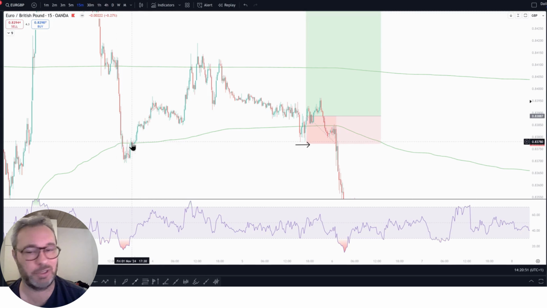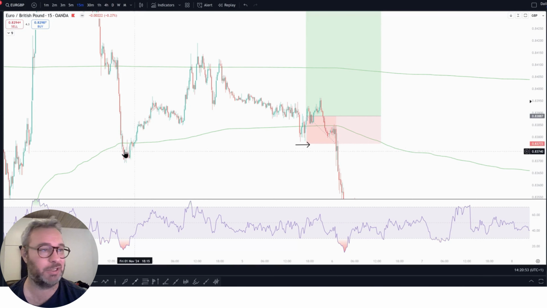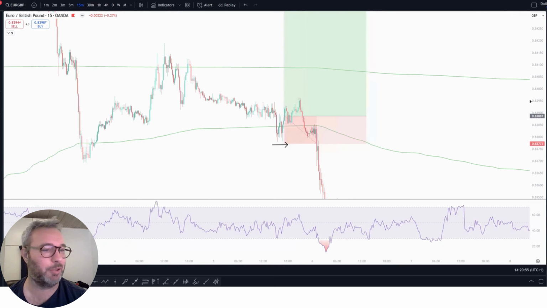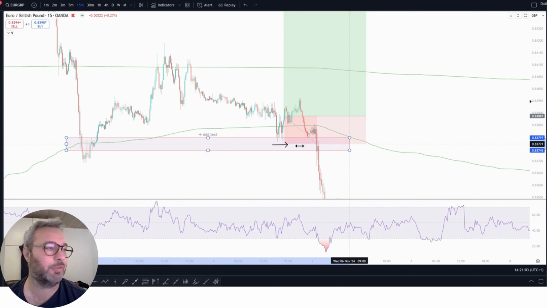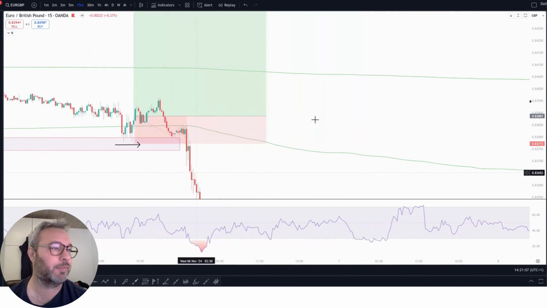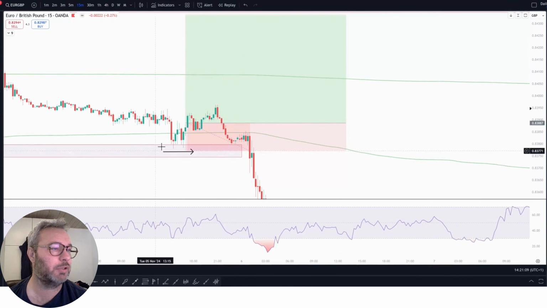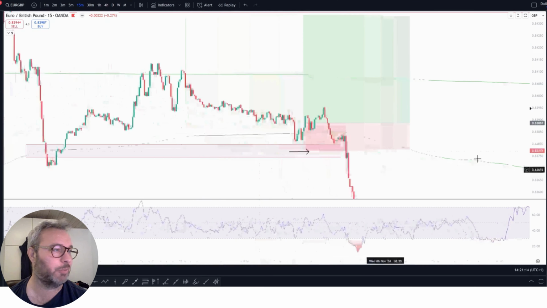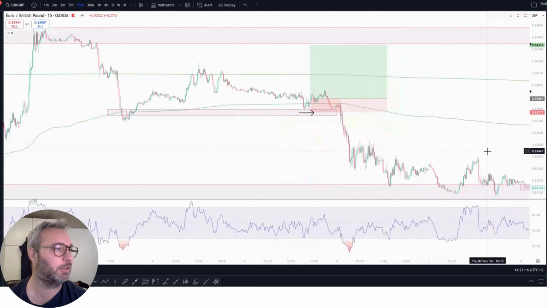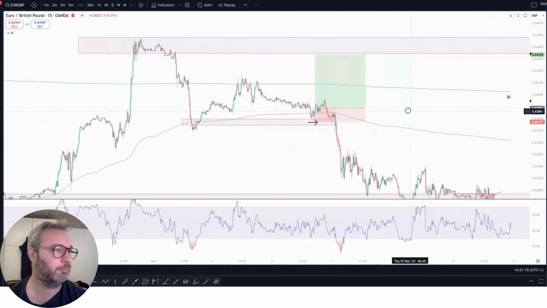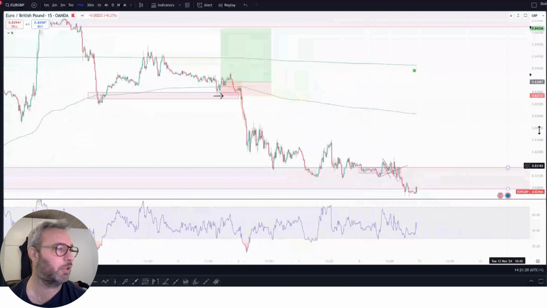I've done this for so long that I can see it without drawing them. But the support would be here. That is the first one. So price went up, I longed, and it went to my stop loss. Not much to say about that. Yeah, that was the only trade I had on this pair.